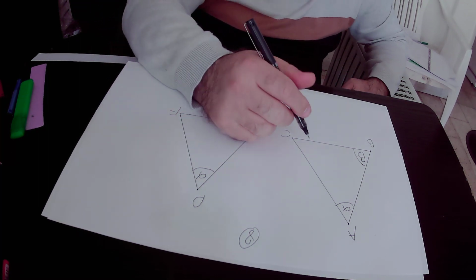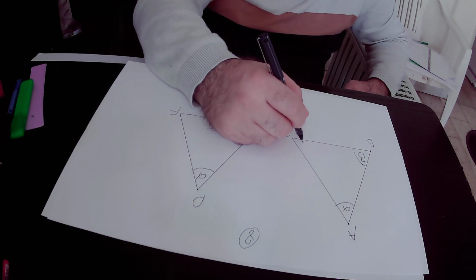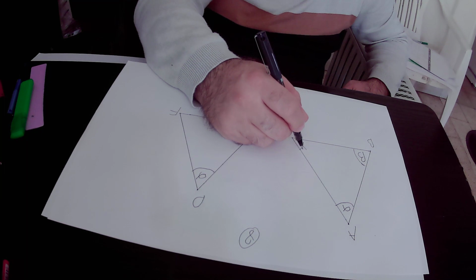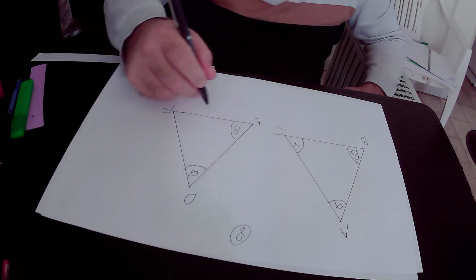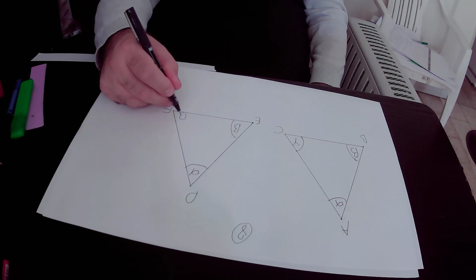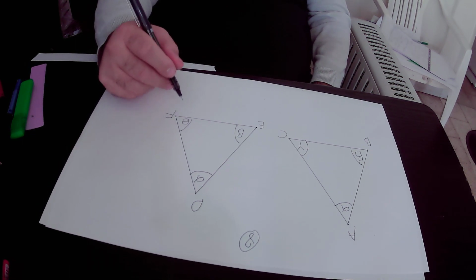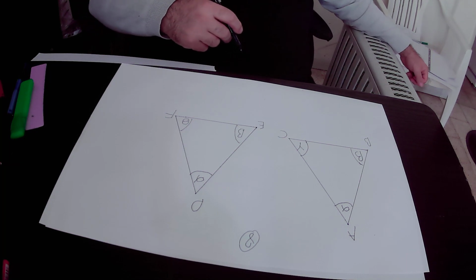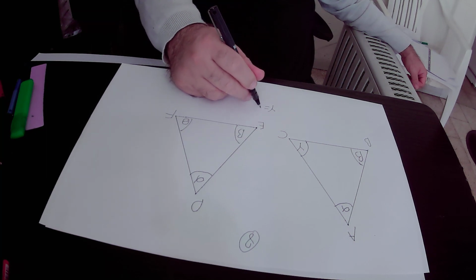Suppose that this angle is gamma and this angle is theta, then according to rule number 3, or third angle theorem, angle gamma equals angle theta.